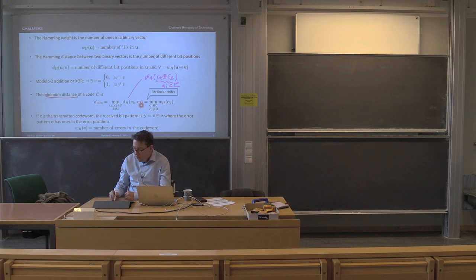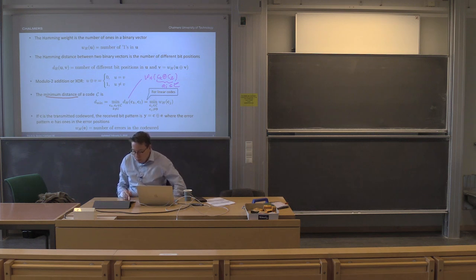So if we want to find the minimum distance for a linear code, we simply look at the weights of all the code words. And the smallest non-zero code word weight is also the minimum distance. So this is a nice property. We don't have to search through all pairs. We can just look at the weights of the individual code words.